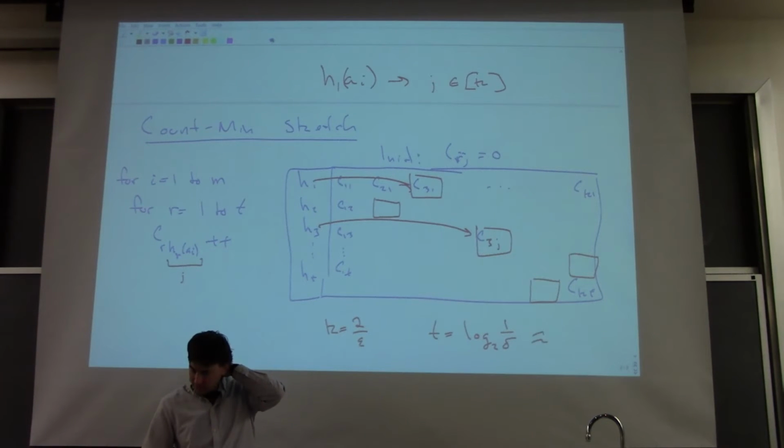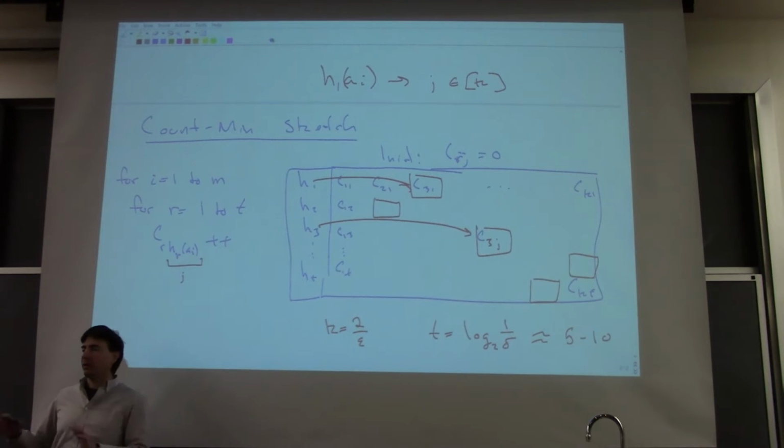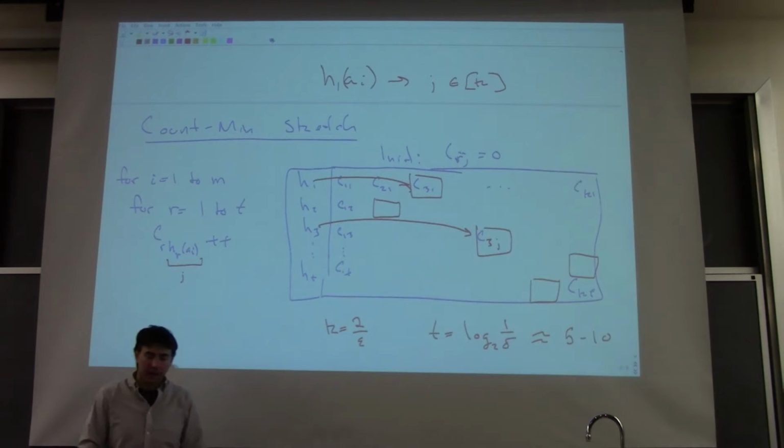Typically this is between 5 and 10, which is going to be enough to have a really low probability of failure.